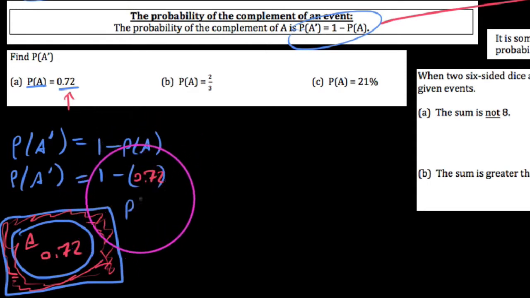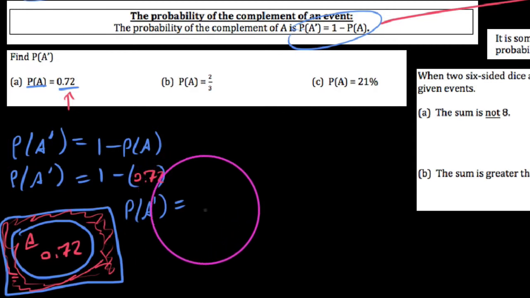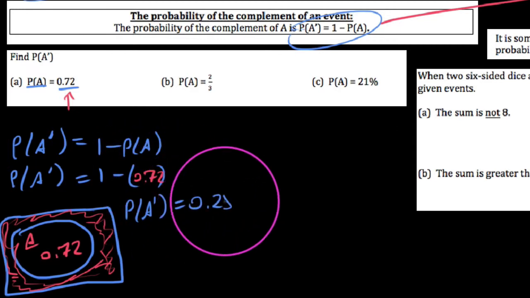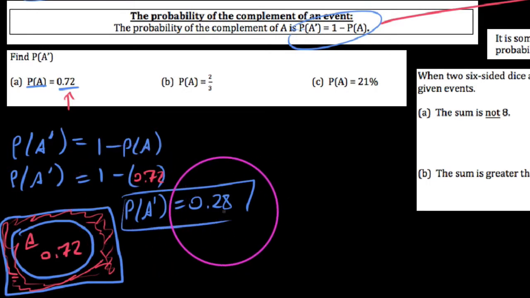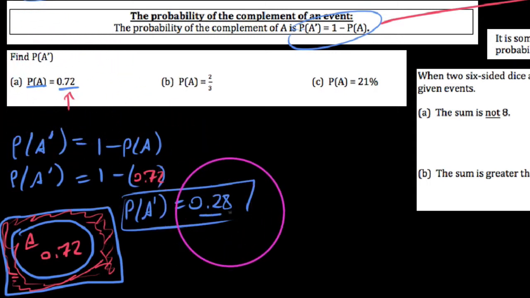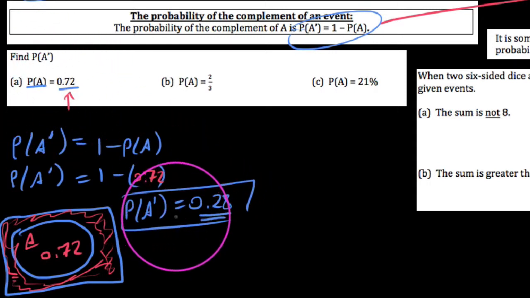We get this: the probability anything but A happens is 100 minus 72%, which leaves behind 0.28. It's kind of a silly thing to say, but think about it this way. If there's a 72% chance that it's going to rain, then what's the chance it's not going to rain, or anything but rain is going to happen? It'd be the other 28%, okay?